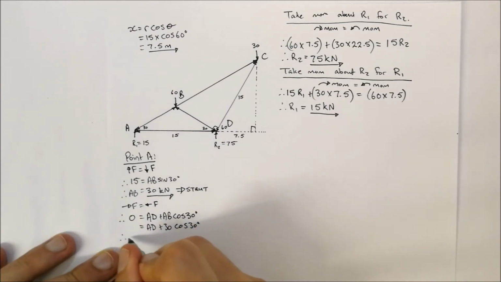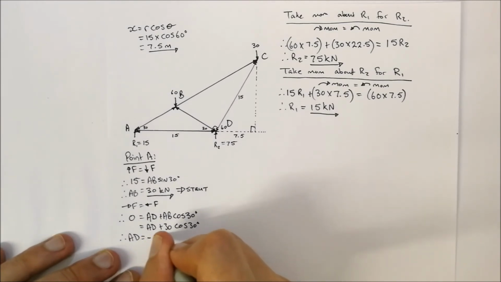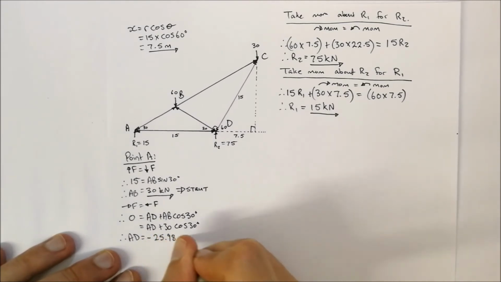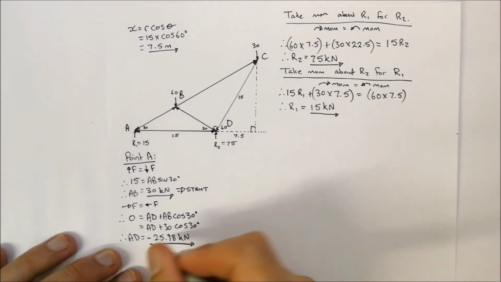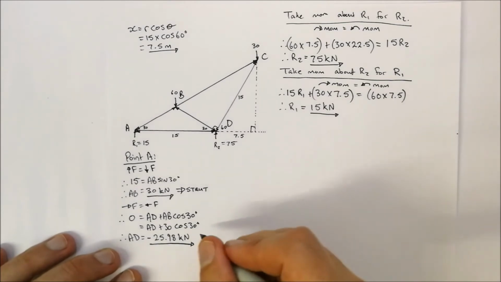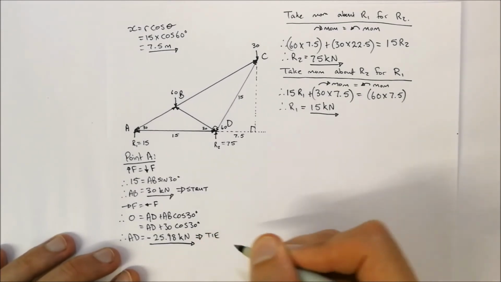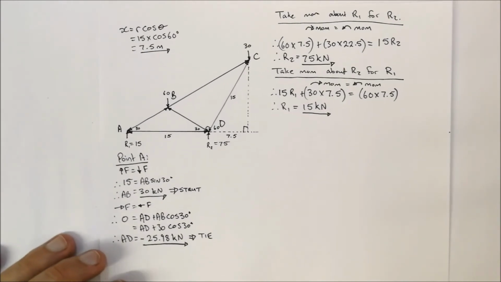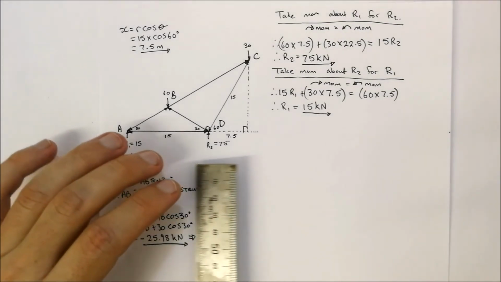Make AD the subject of the formula, and we calculate AD is equal to negative 25.98 kilonewtons. It's a negative value, so therefore it implies that it's a tie. So now that we've done that, that takes care of point A.